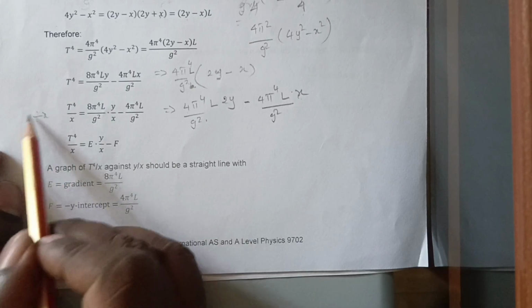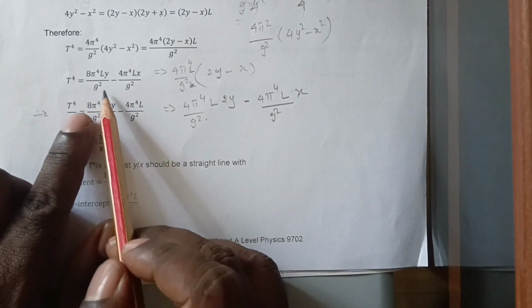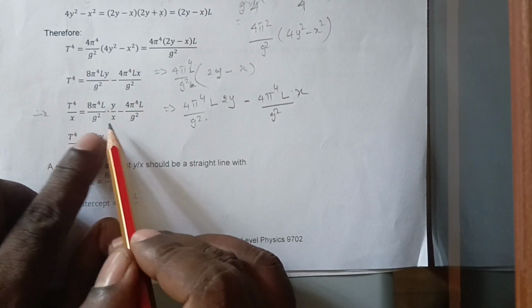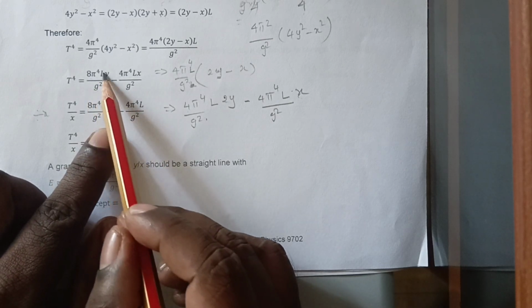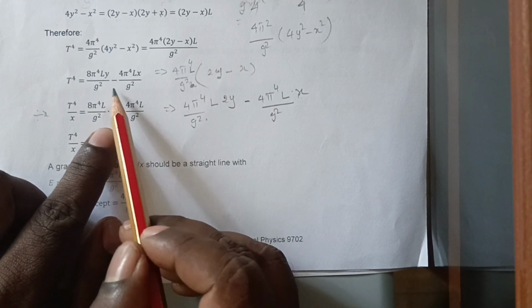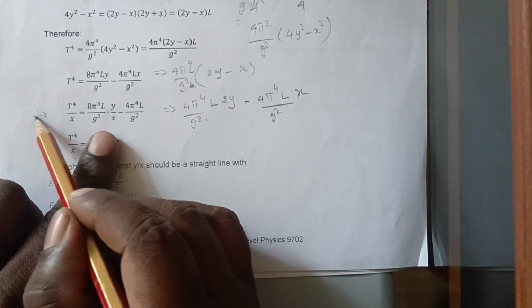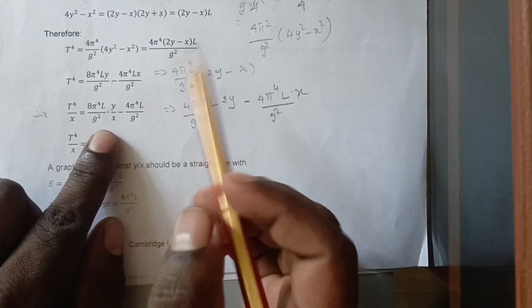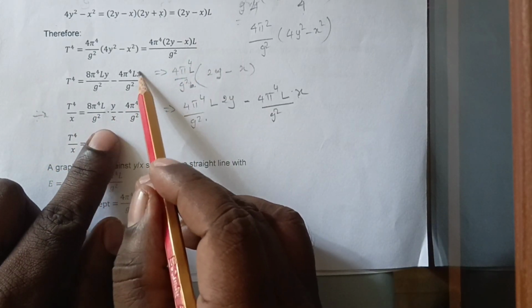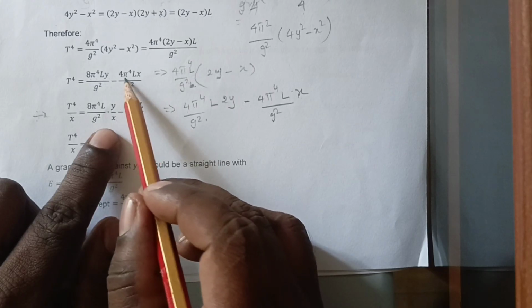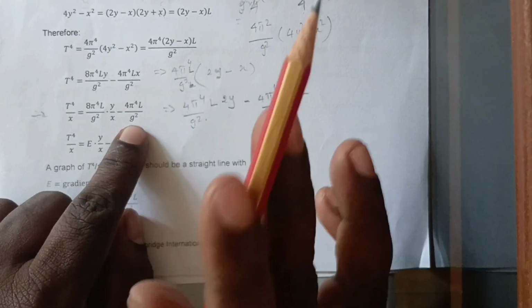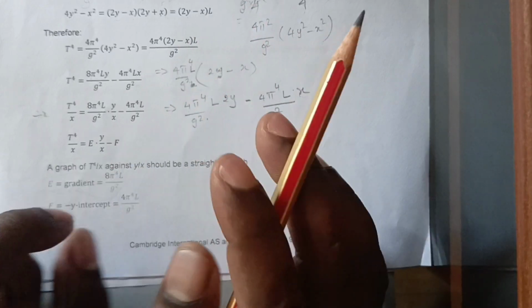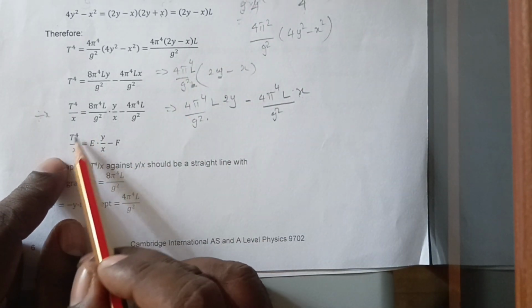So here T⁴ by x: you divide by x both sides, so x will be cancelled. That is why there is no x here.